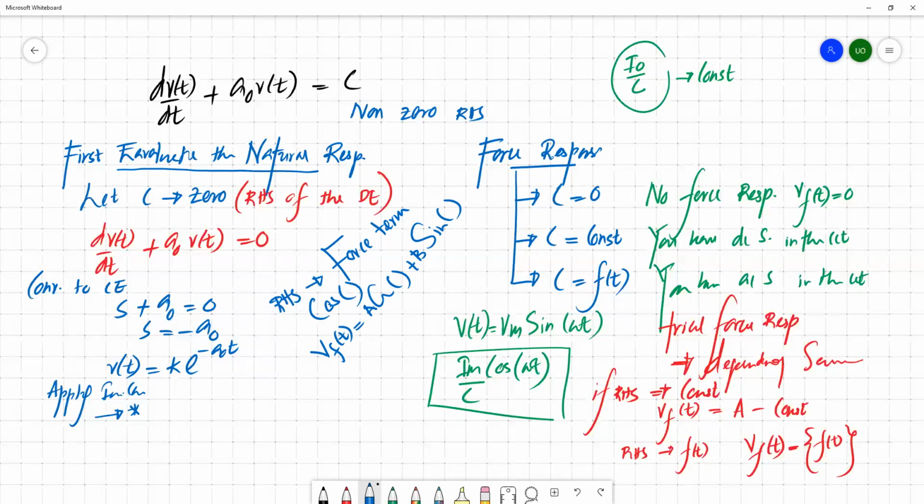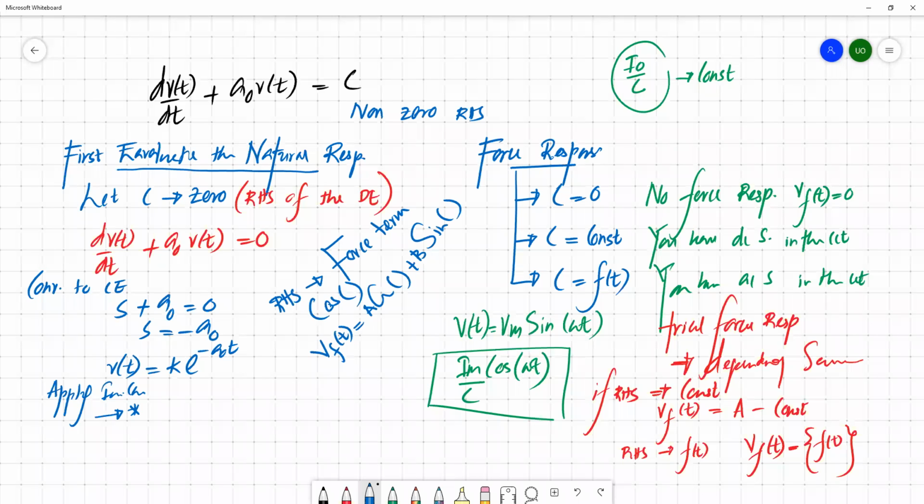Then you can find A and B and precisely evaluate the ultimate forced response. If you are proposing a trial solution, it should be synchronized with the pattern of the force term or the right hand side, and your trial response would be a more generic way of aligning with the force term.